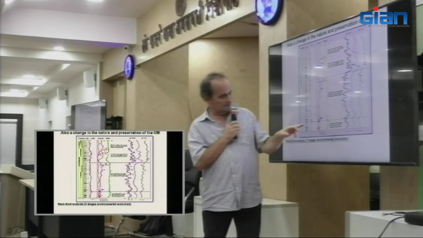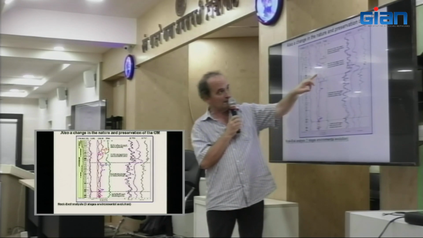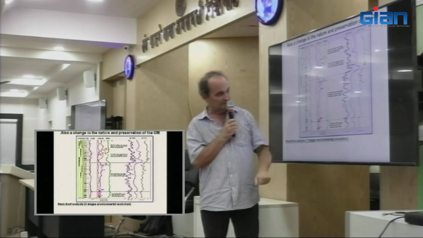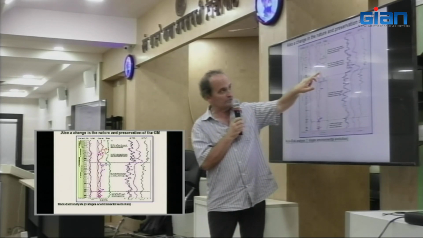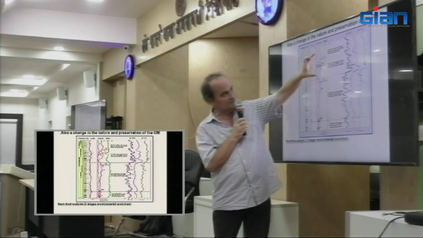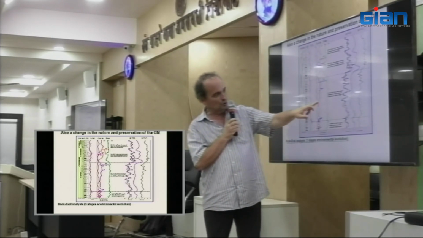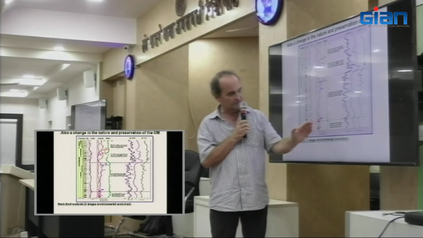But below, the interesting things are these two curves. The red one is organic matter of marine origin. The high hydrogen index is indicative of a marine origin, and the blue one is the oxygen index, which is indicative of terrestrial origin.